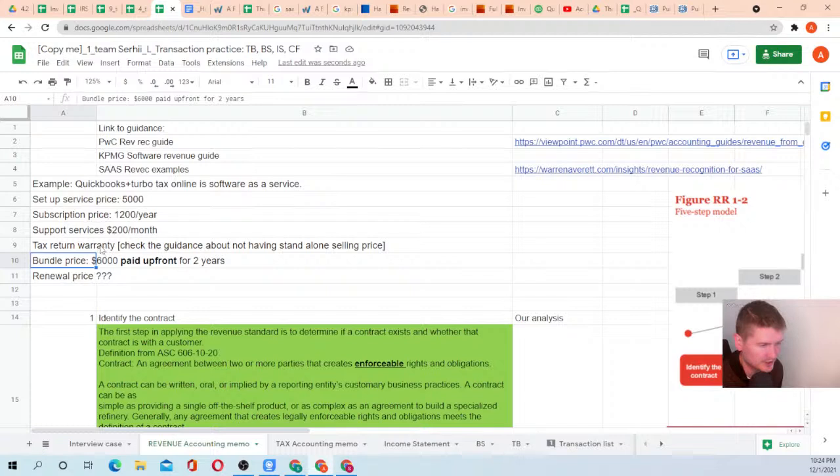Do we need to recognize a separate revenue for setup service, subscription service, support service, because the pattern of consumption of every one of those promises is different, or do we need to just ignore setup service and allocate all 6,000 for 2 years? So that's what we're trying to figure out.